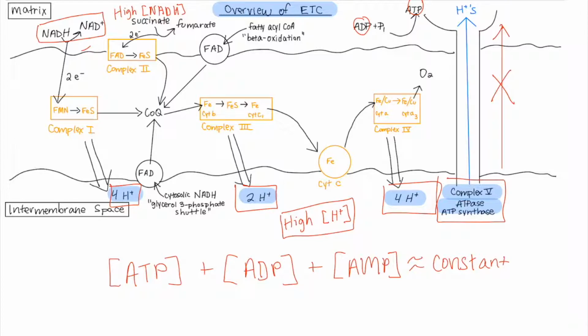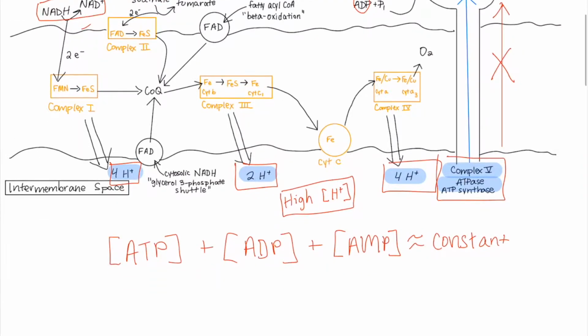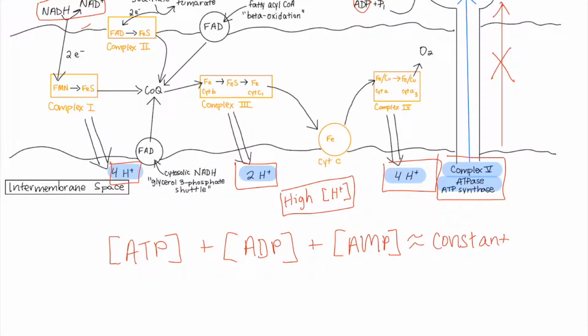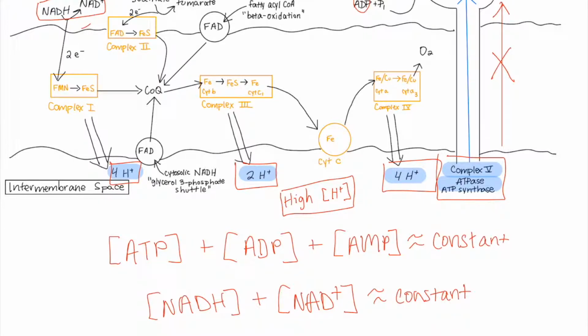So we're going to be left with a ton of NADH in the matrix and virtually no NAD plus. The reason is that the concentration of NADH plus the concentration of NAD plus is also approximately equal to a constant.